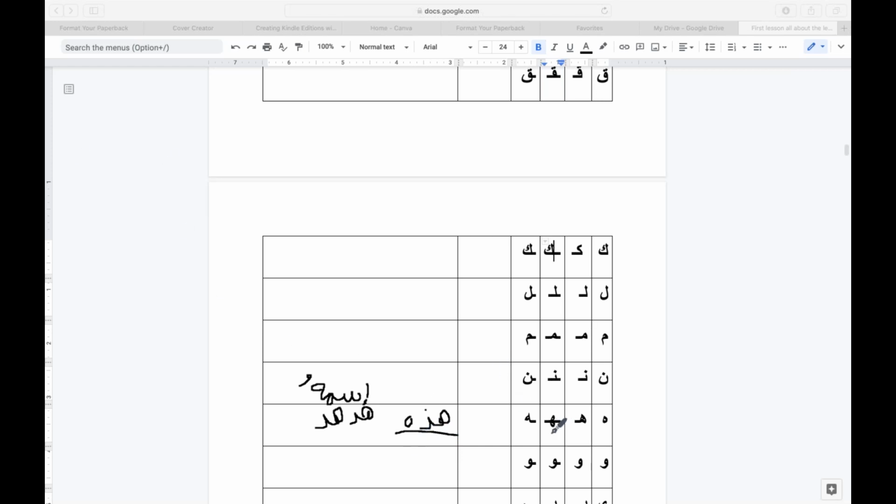Okay, and at the end, for example, the word anhar, which means rivers. Anhar. Man, my handwriting is so bad. Okay, anhar, or بيتها, بيتها, her house.